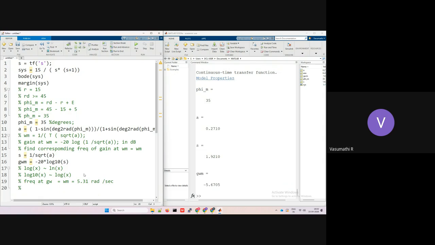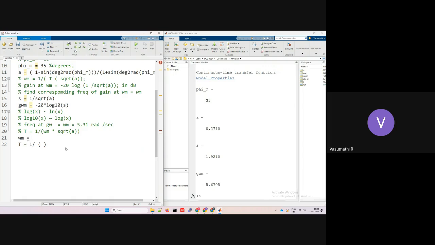Then once we find the omega, it is easy. T is equal to 1 divided by omega m into sqrt of alpha. That's it. So I can write T is equal to 1 divided by omega m. The frequency was around 5.3, right?